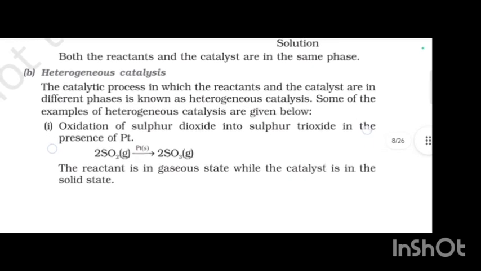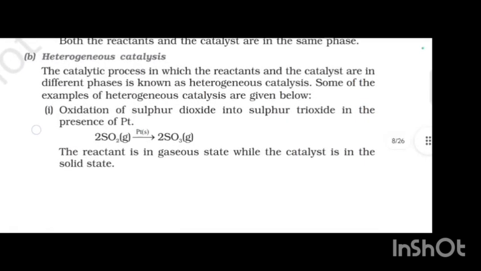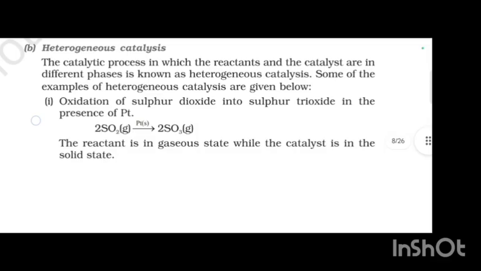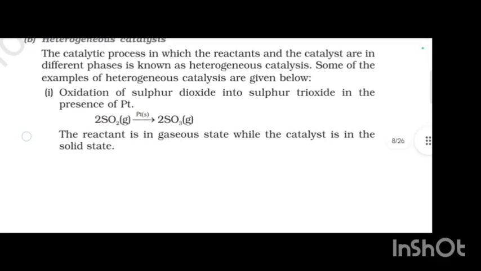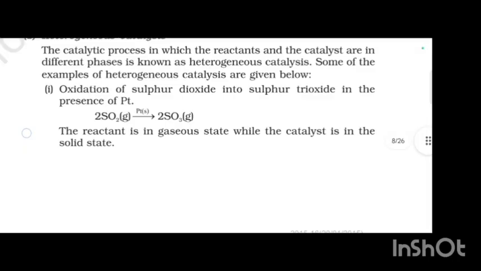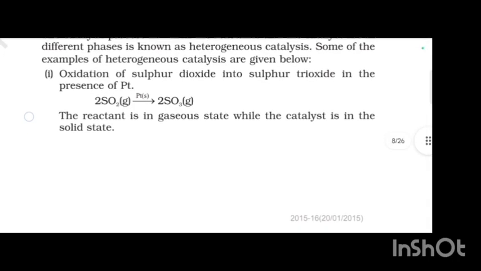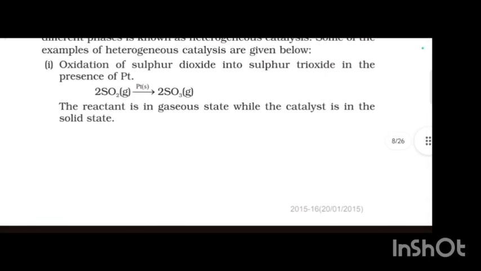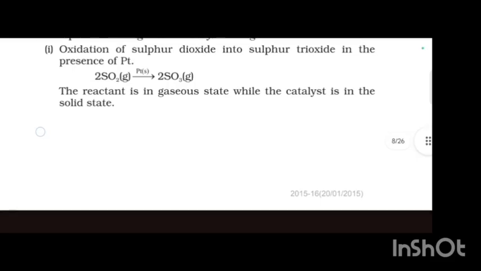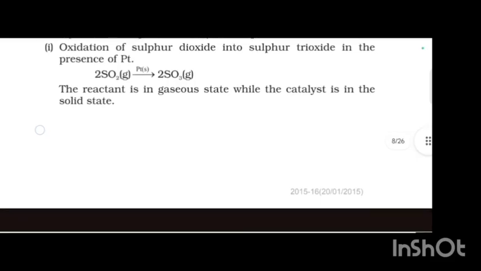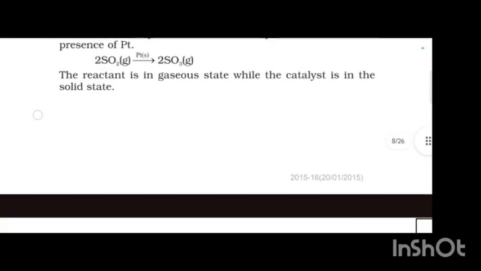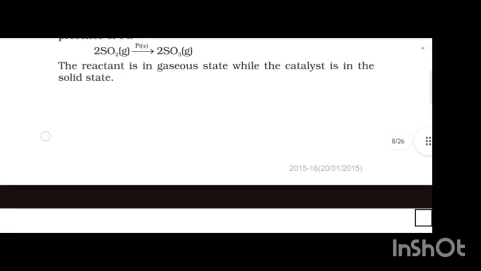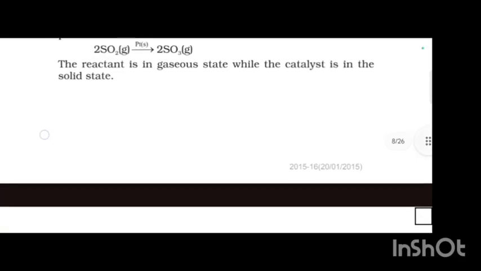B. Heterogeneous catalysis. The catalytic process in which the reactants and the catalyst are in different phases is known as heterogeneous catalysis. Some examples of heterogeneous catalysis are given below. First, oxidation of sulfur dioxide into sulfur trioxide in the presence of platinum. 2SO2 gas plus O2 gas in presence of platinum solid gives 2SO3 gas.